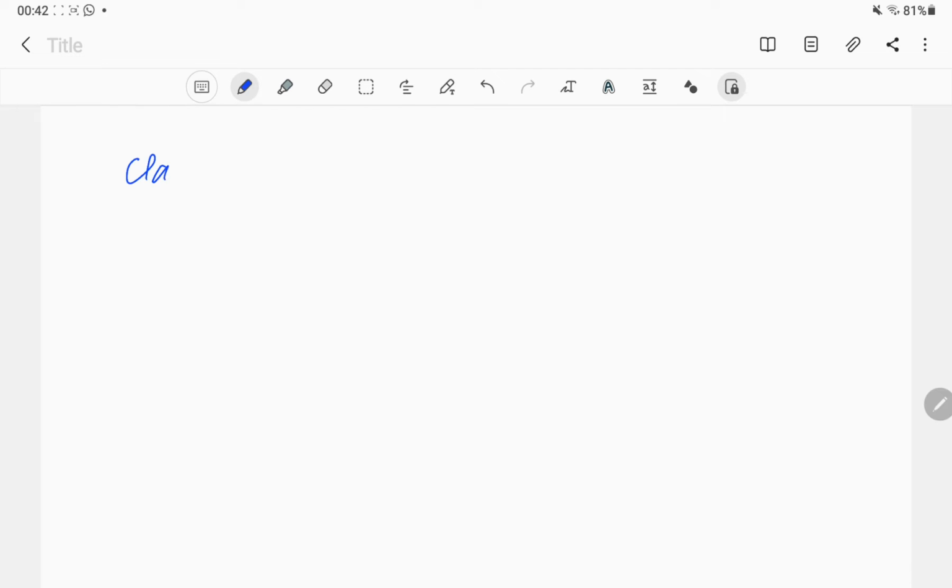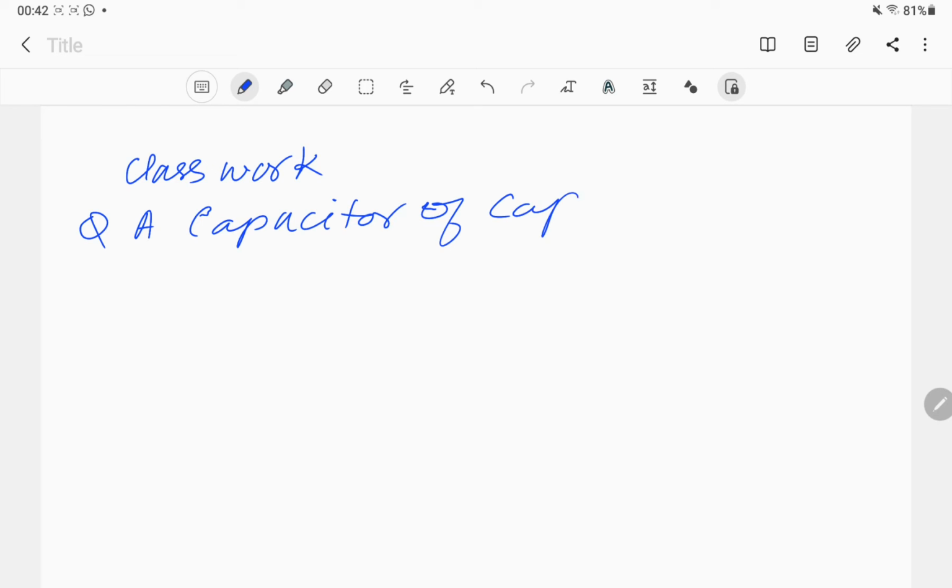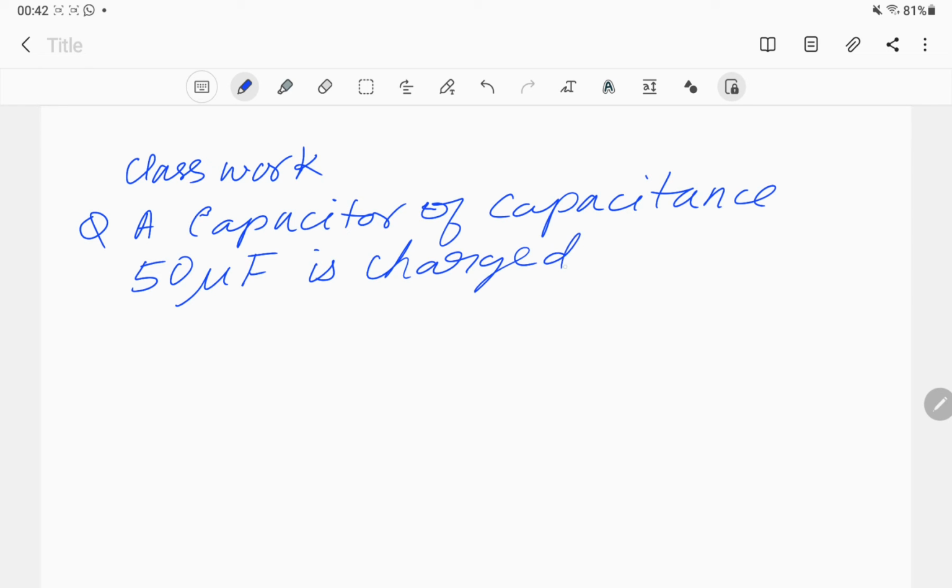You take classwork. Question: A capacitor of capacitance 50 microfarad is charged to a potential of 1000 volt.